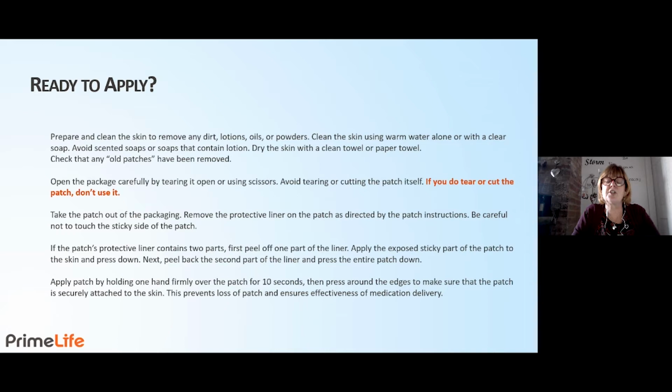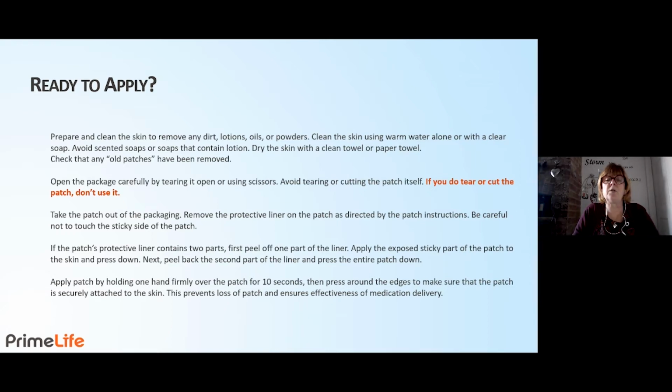If the patch's protective liner contains two parts, first peel off one part of the liner, apply the exposed sticky part to the skin and press down. Next, peel back the second part of the liner and press the entire patch down.